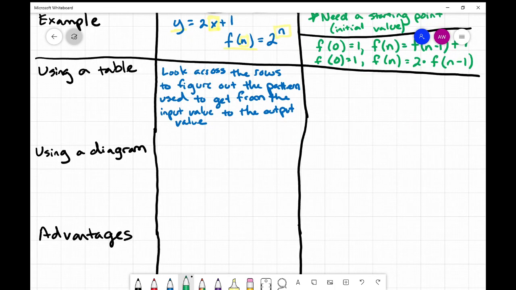If you're working with a recursive formula and you're using a table, you would look down the output column to figure out the pattern used to get from one y value to the next.